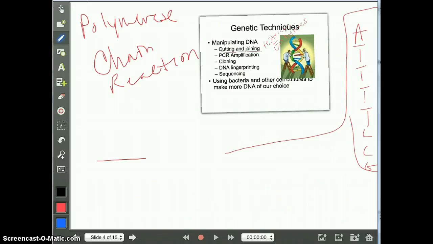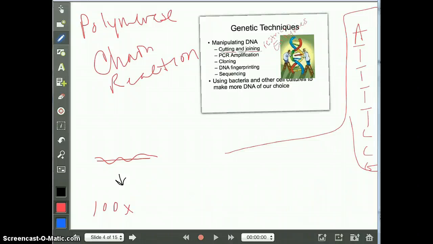I can take a small section of DNA, and if I want, well, let's actually write it in DNA form, something like that. I can take that small section of DNA, and I want to not just make one strand of it, I want to make 100,000 copies of it, 100 times the amount, or you name it. How many more DNA do I want?